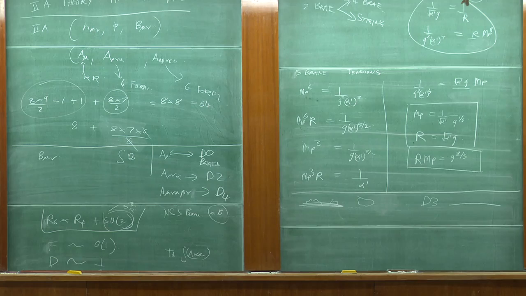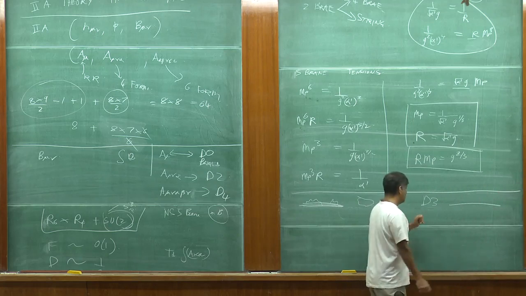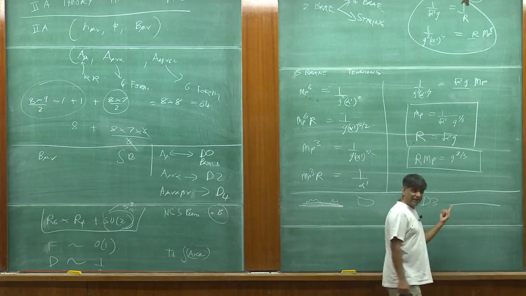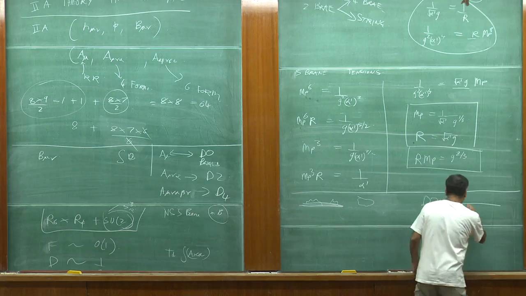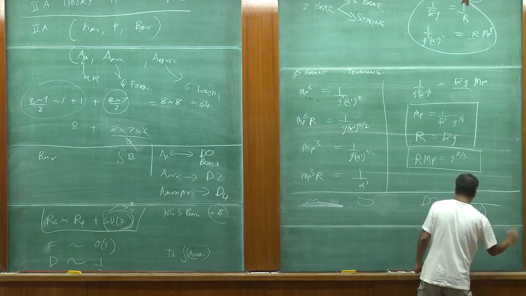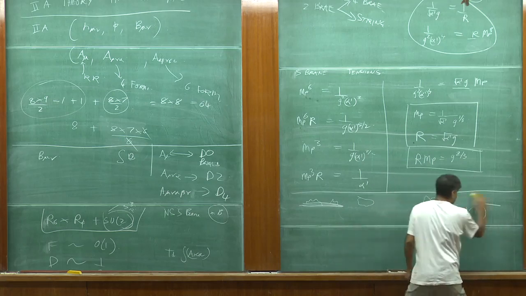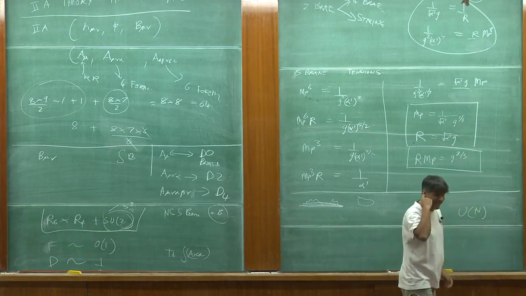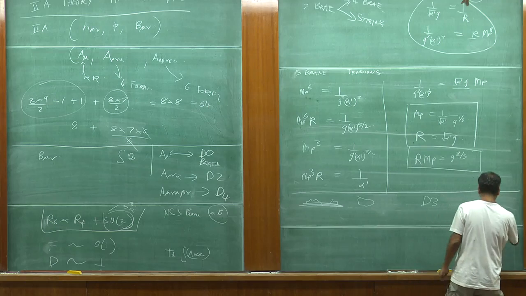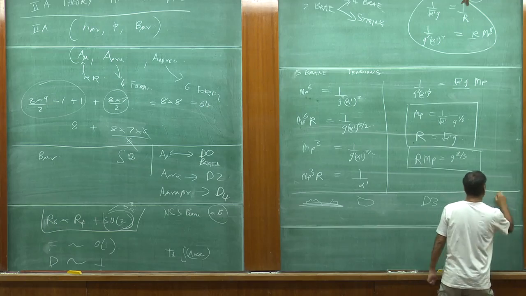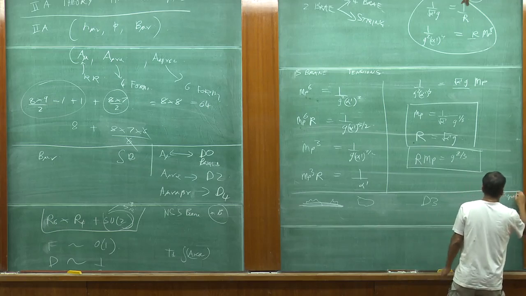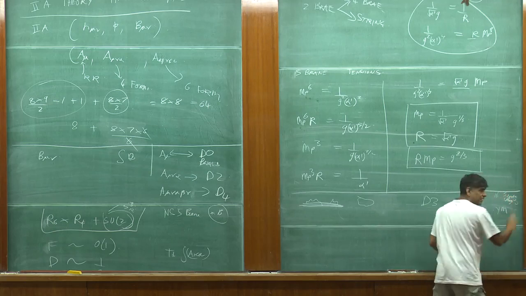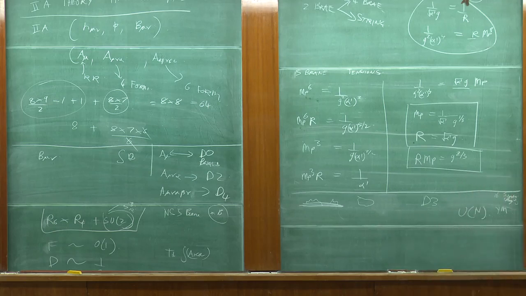Okay, excellent. Now, more precisely, if you are on a D brane, if you have N branes together, you have U(N) Yang-Mills theory with 16 supercharges. Which Yang-Mills theory depends on which D brane.